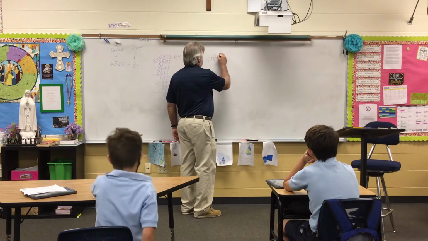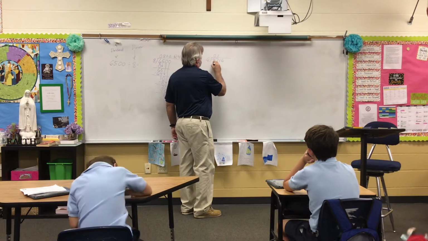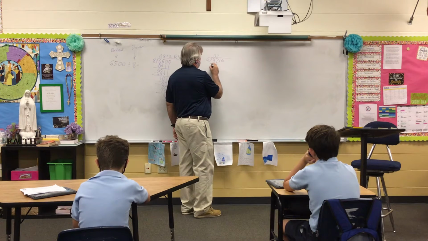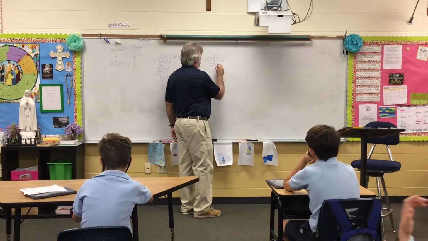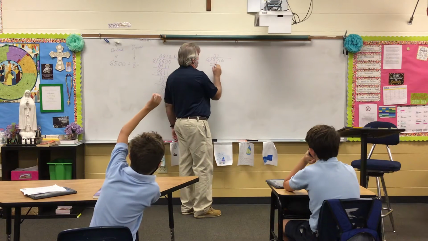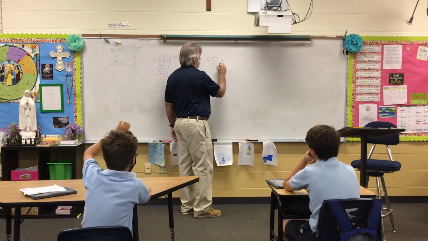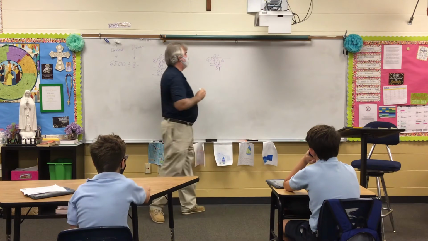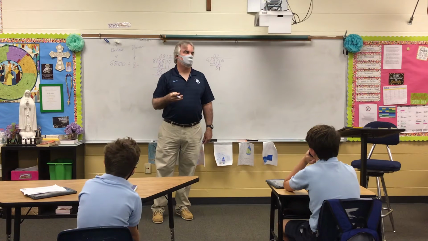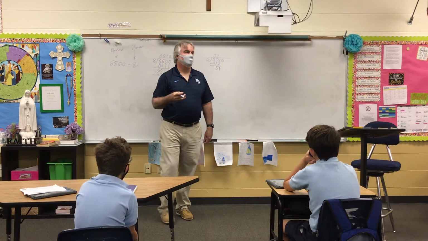7. 7 times 6 is 42, right? Subtract. I have 5 left over. Notice how I'm lining it all up. Okay? Now, I gotta bring down the next number, 1. Dante, what was that last one you said? 48. Yeah.